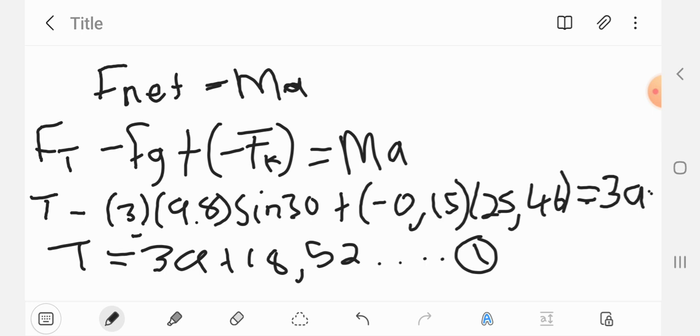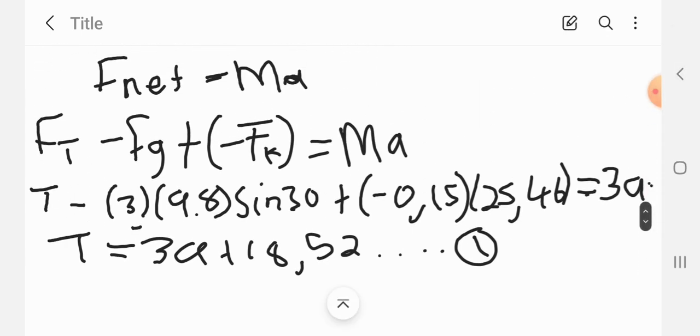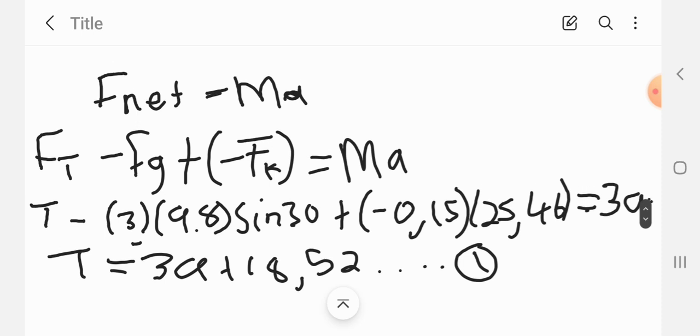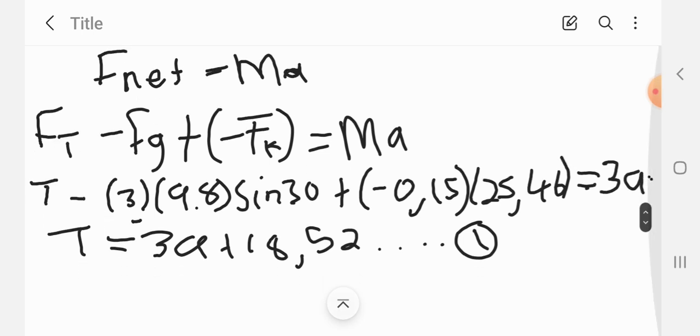So here we are asked to calculate the tension. Now let's go further. This is for the 3 kg. All these calculations are for the 3 kgs, and now I'm going to do calculations for the 5 kgs.